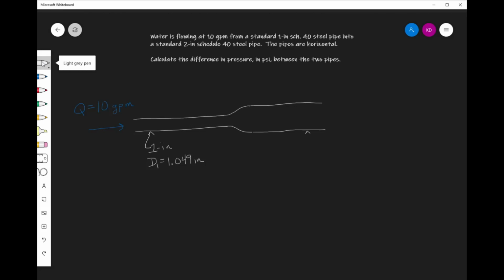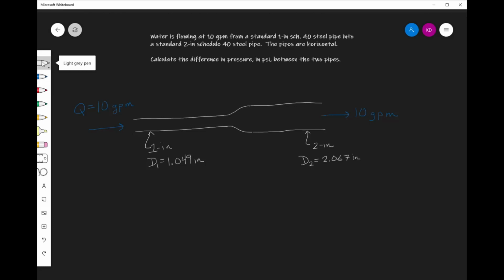And we flow into a nominal 2-inch pipe, which has an inside diameter D2 of 2.067 inches. Now the continuity equation tells us that if we have 10 gallons per minute entering from the left, mass is conserved. The only other place the fluid can go is exiting at the right, and we have 10 gallons per minute exiting on the right.